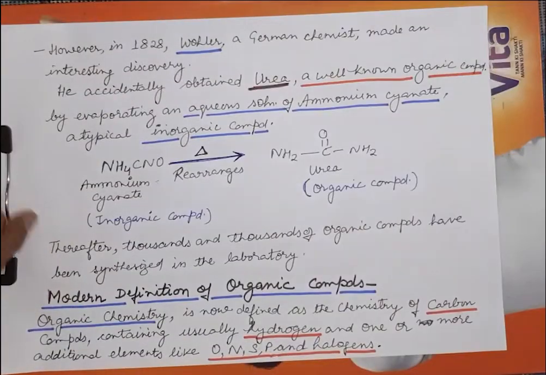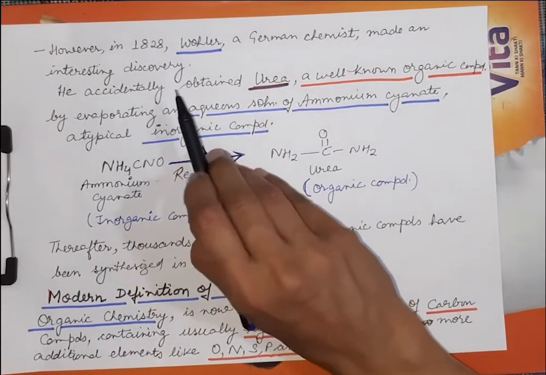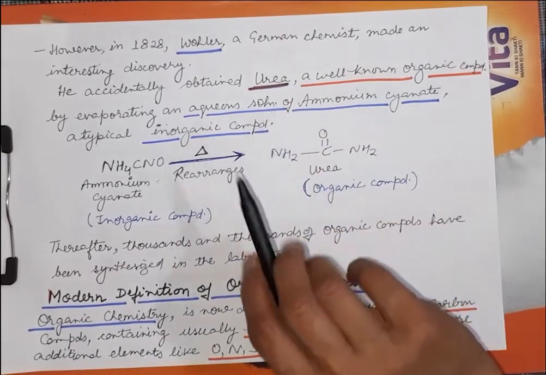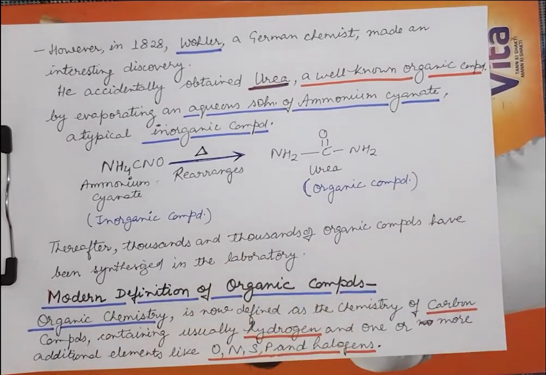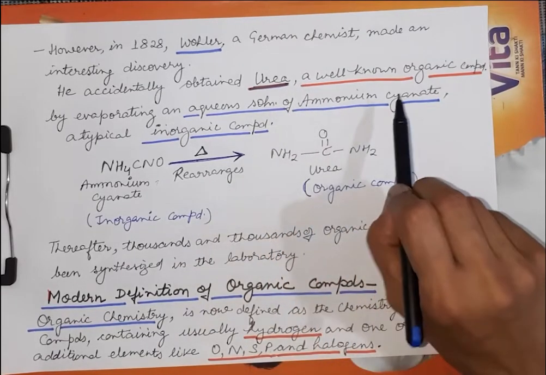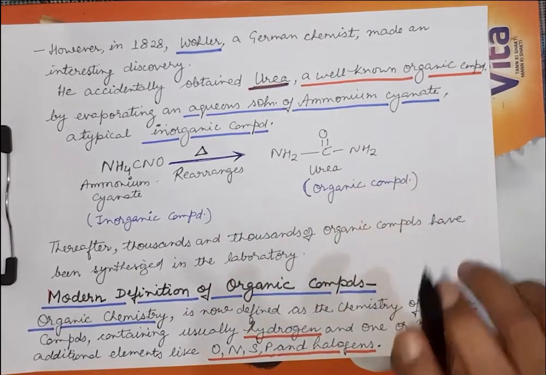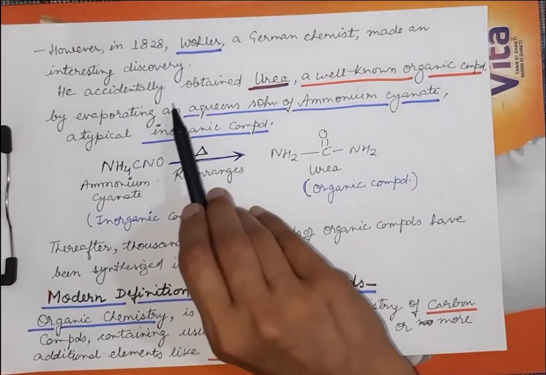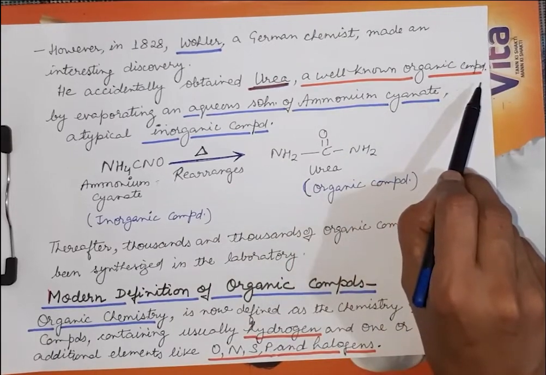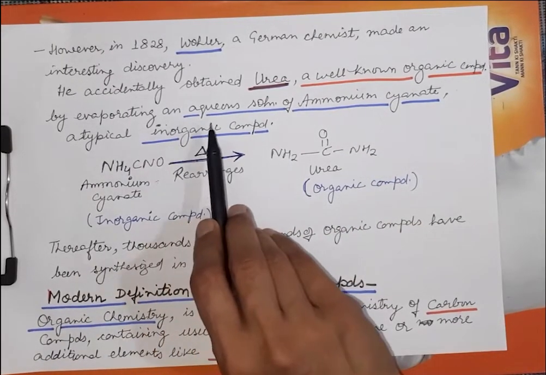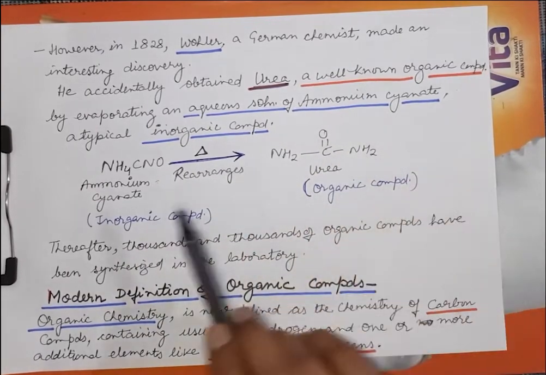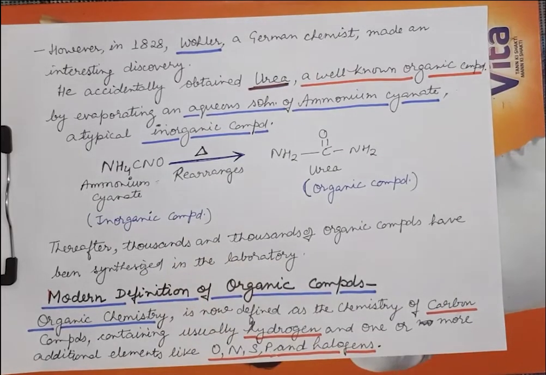But later on, in 1828, Wohler, a chemist, made a very interesting discovery. He was able to prepare this animal-based urea, which is an organic compound, in the laboratory. He accidentally obtained urea, a well-known organic compound, by evaporating an aqueous solution of ammonium cyanate, a typical inorganic compound.